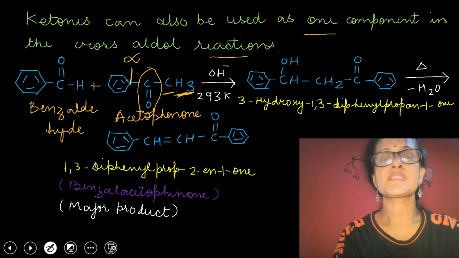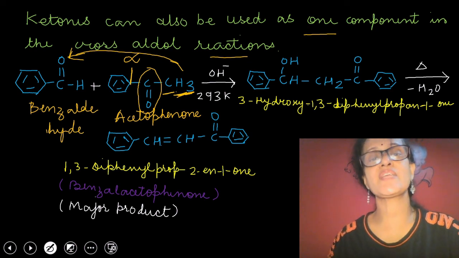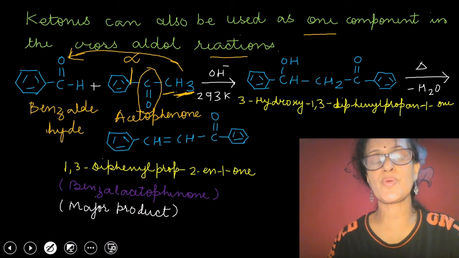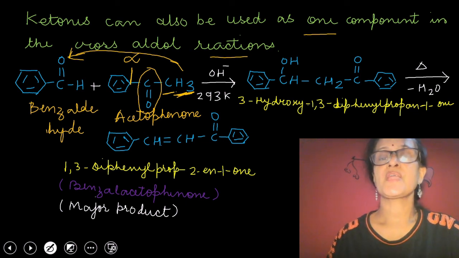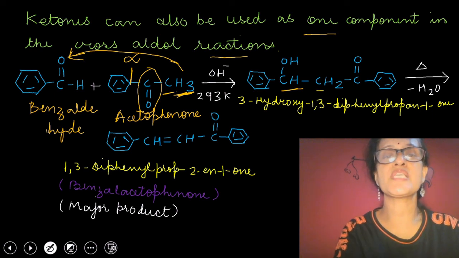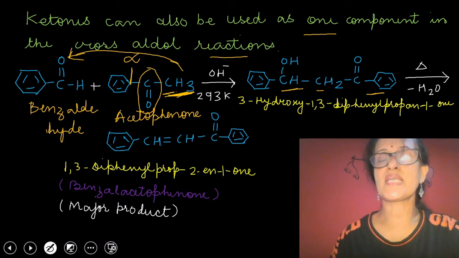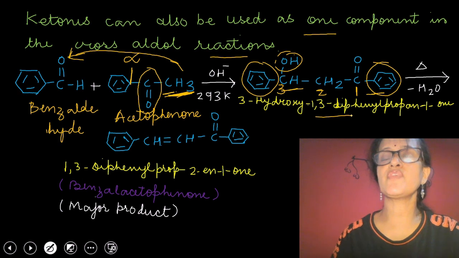This is the C6H5 benzene ring, then CH, and to the carbonyl group of benzaldehyde, one of the alpha hydrogen atoms of the second molecule, which is acetophenone, gets attached, resulting in the formation of a condensation product, which is C6H5CHOH, then CH2 we are writing from this side, C double bond O, C6H5. So you can see the name of the product is 3-hydroxy-1,3-diphenylpropan-1-one.